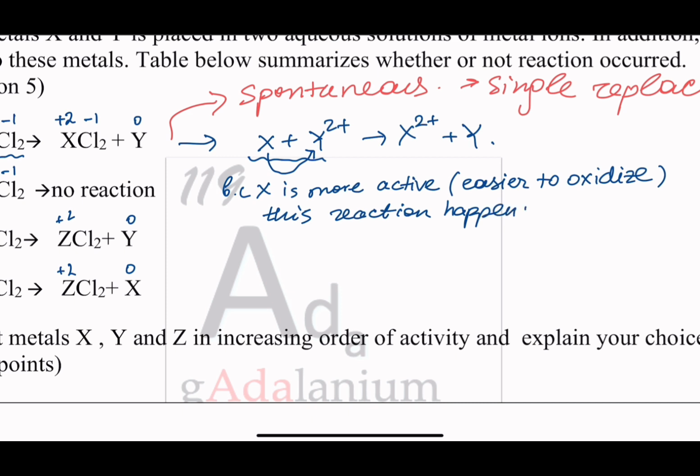Okay, so the reaction is over here. You see that x went from 0 to +2. So x oxidized. Because it was easier for him to oxidize, he oxidized, while y got reduced. As you see, it went from +2 to 0. So it got reduced.